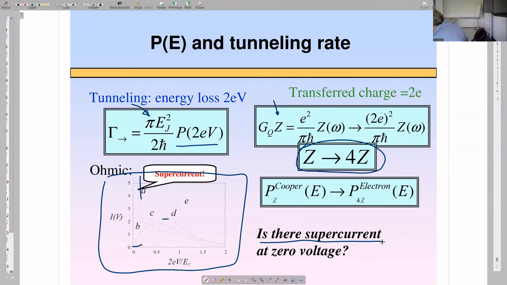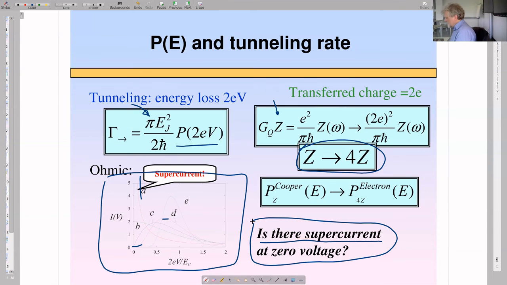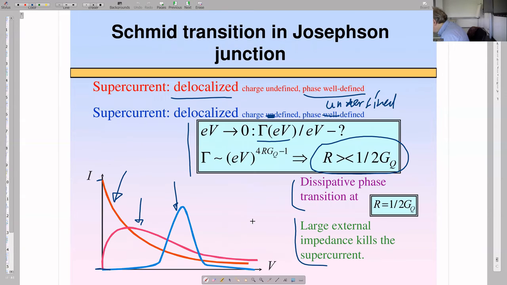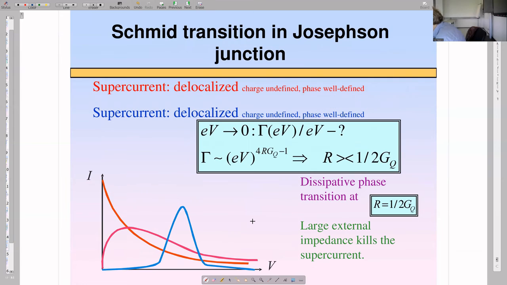So the question is whether there is a supercurrent at zero voltage in the presence of the environment. Again, that is a question with two answers. The answer depends on which side of the Schmid transition we are.